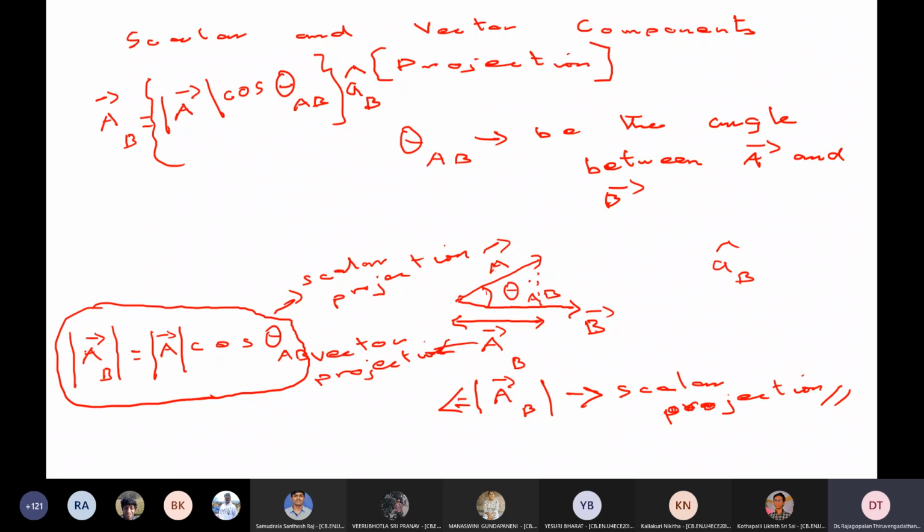Now the perpendicular component, you can find using the law of addition of vectors. This is my vector A, and this is the projection of vector A on B, and the perpendicular vector will be like this.